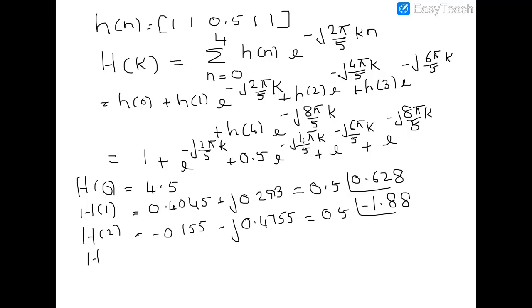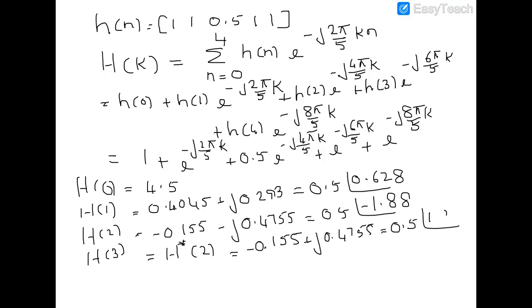H of 3 is equal to H conjugate of 2. That's why it is equal to minus 0.155 plus j 0.4755, which gives us 0.5 at an angle of 1.88.